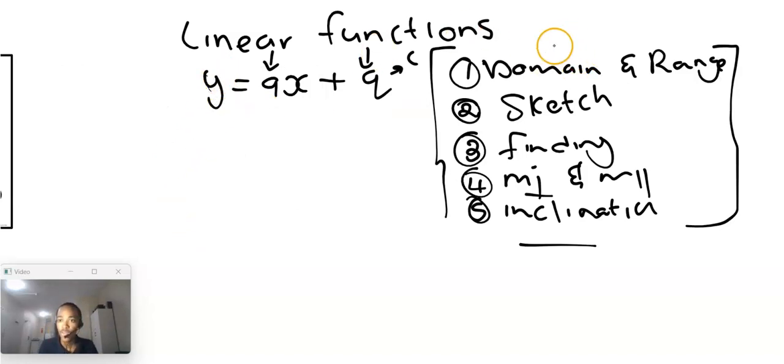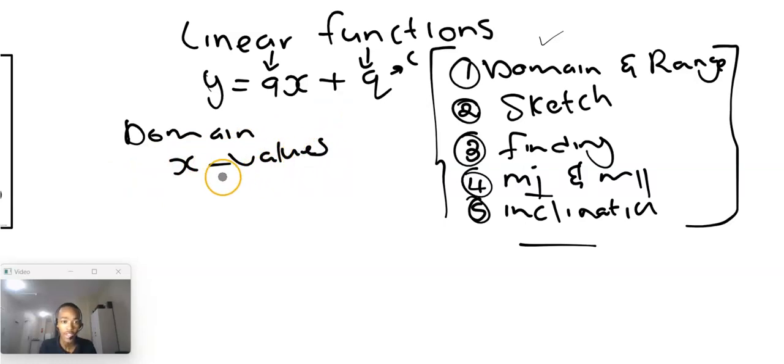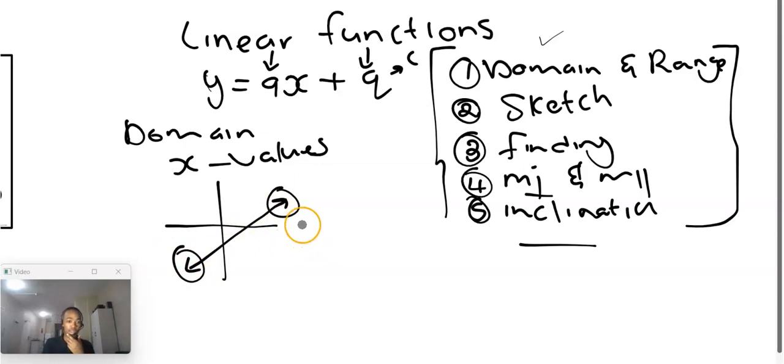So if you look at what is a domain, right, let's first understand what the domain means. So domain are x values. First of all, they're x values. So if you think about it, what do we mean x values? So by looking at domain, if for instance we have a function here, these two arrows here, they say something. They mean infinity, right?